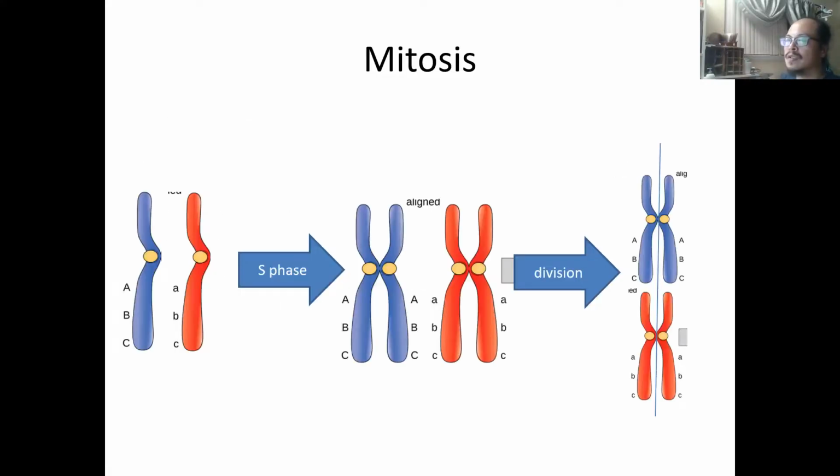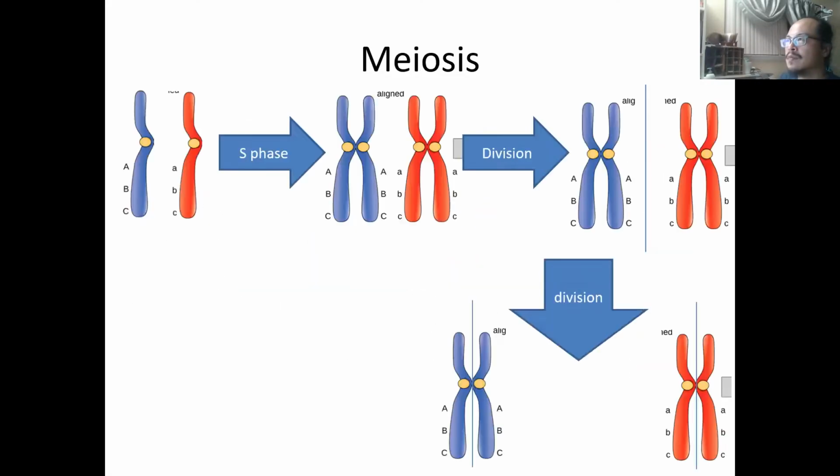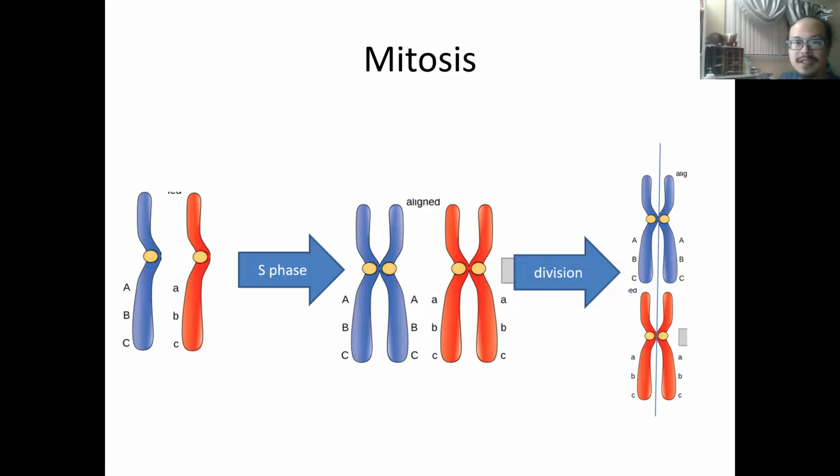So here is a good summary between the mitosis and meiosis. In the stem cells, we have the 2N, one N from father, one N from mother. We have 2N, 23 pairs.